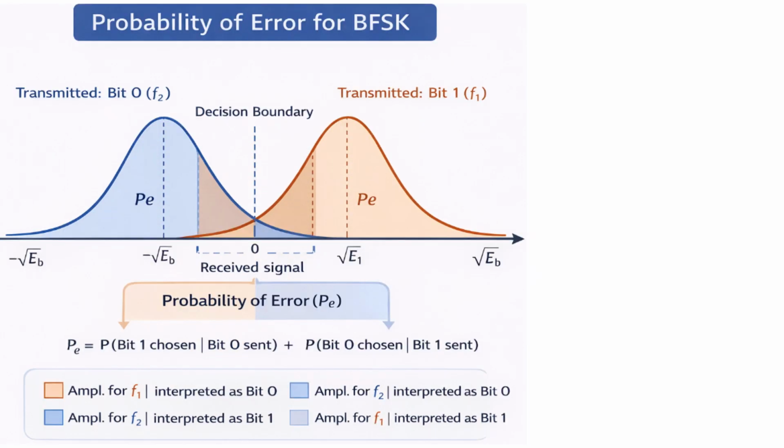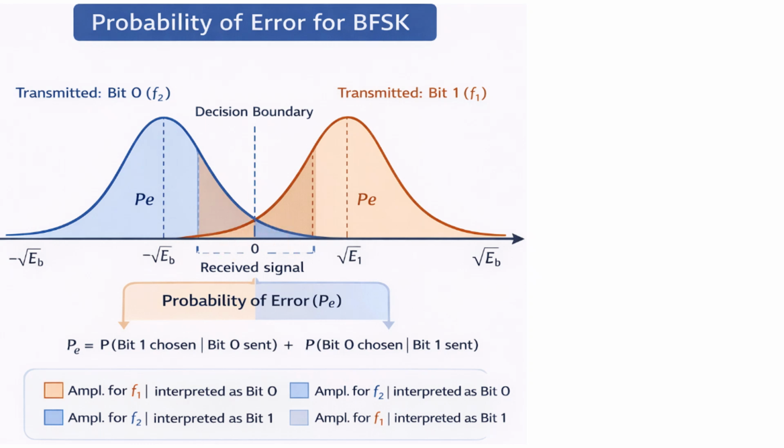Question number one is: why does the probability of error occur in any type of signal? The major problem is that whenever we are transmitting bit 0 and bit 1, there is interference between them.